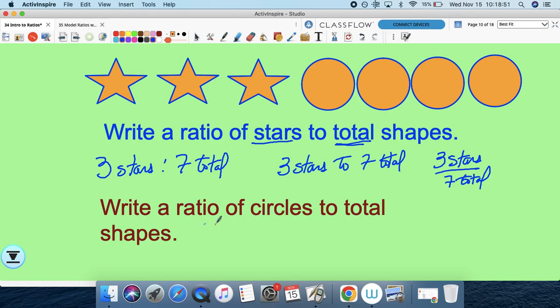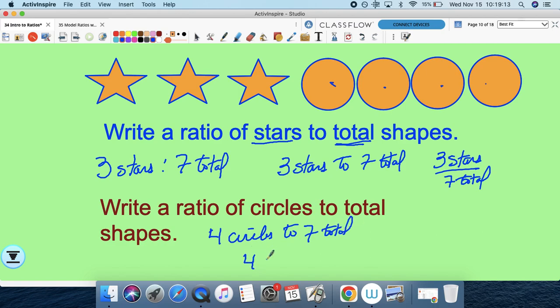Okay. Write a ratio of circles to total shapes. Well, in this case, we're talking about the part of the group which is made up of circles. We have 1, 2, 3, 4. So we have 4 circles to 7 total.